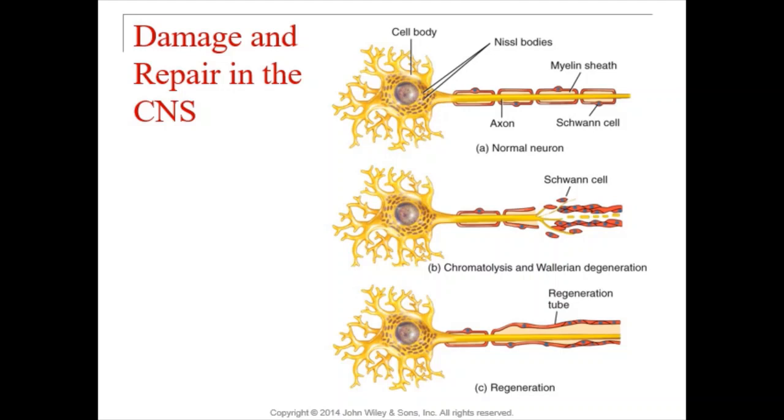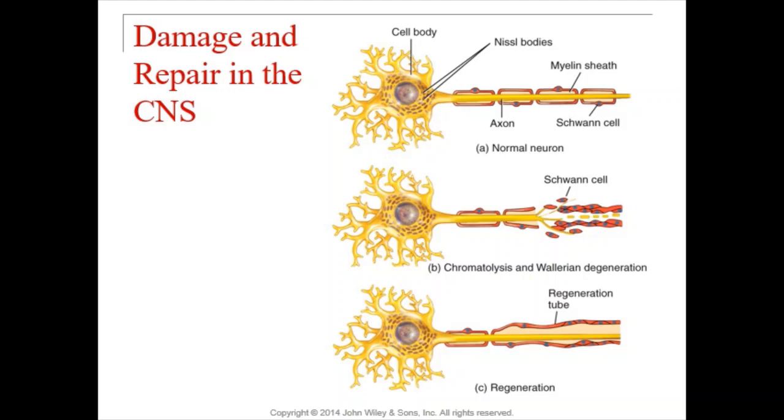Your body will get rid of it, meaning the part of the axon that is not attached to the cell body gets broken down. That's the distal end. While the part of the axon that is still attached to the soma, to the cell body, will still be there. When you break down this distal part of the axon, we call that chromatolysis and Wallerian degeneration.